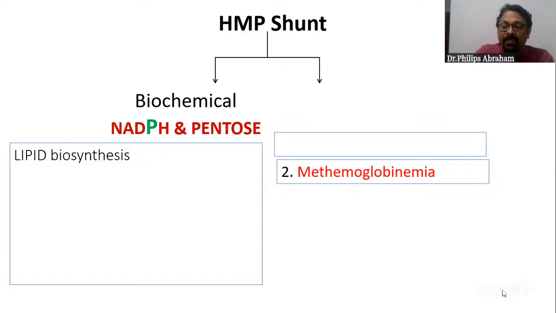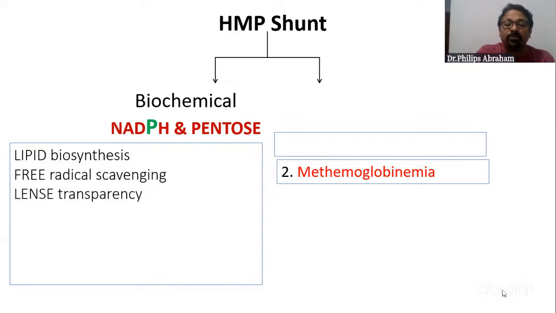One most basic question, from long back even in PG exams: all the catabolism that takes place in the body is oxidation, and anabolism is reduction. Most of the synthesis pathways require NADPH because it's a reducing currency, for example lipid biosynthesis. Almost all lipids, meaning fatty acids, triglycerides, phospholipids, steroids, cholesterol, all need NADPH. And then free radical scavenging.